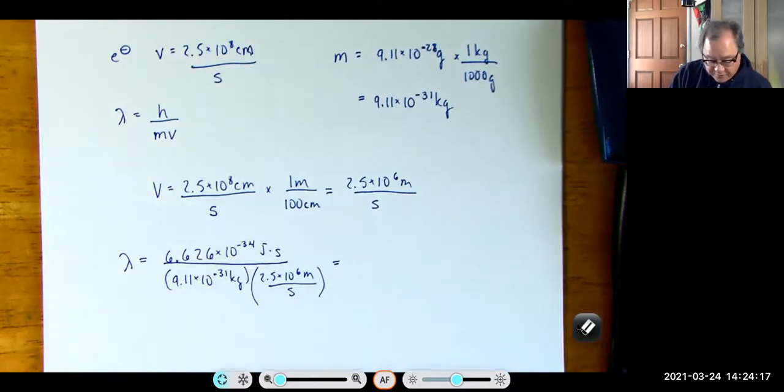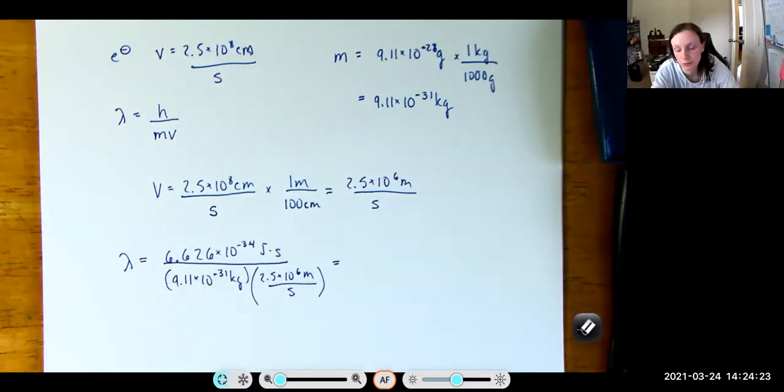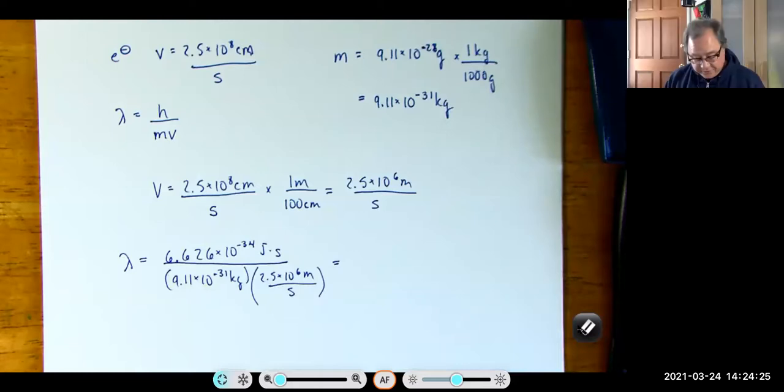How many times does 2.5 go into 6.6? A little more than 2, right? Yep. Almost 3, right? Yeah. So between 2 and 3. How many times does 9 go into 3? 0.303.